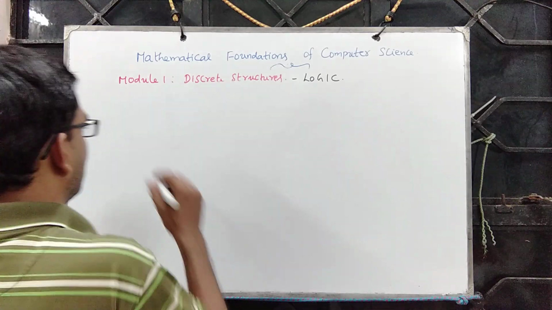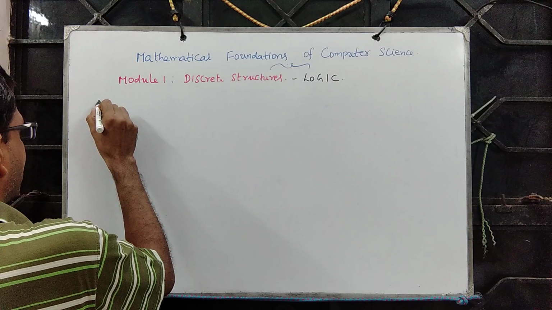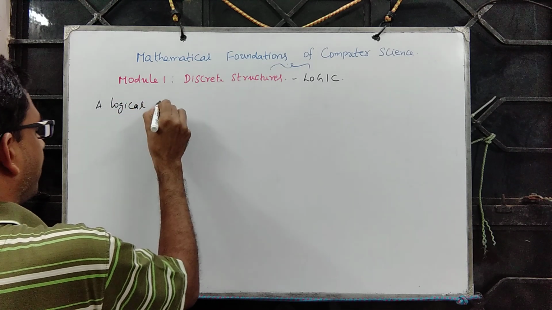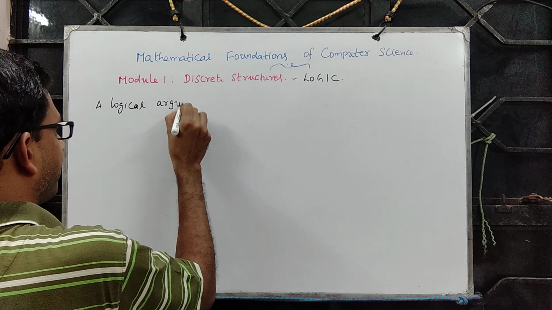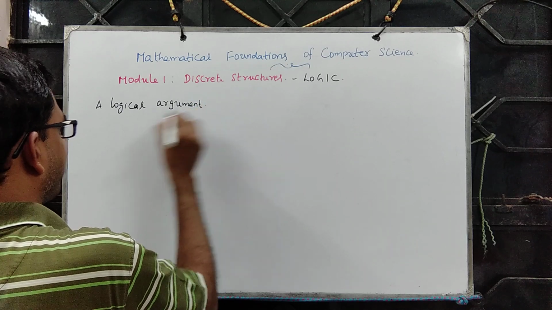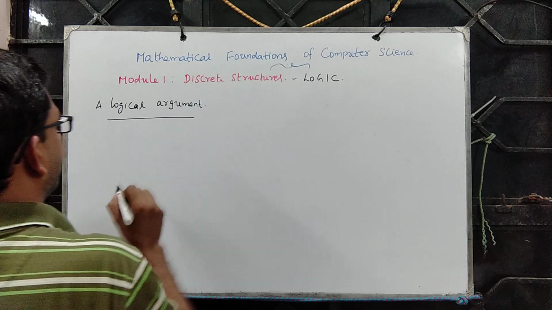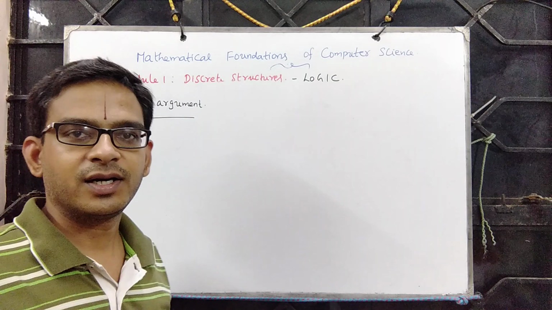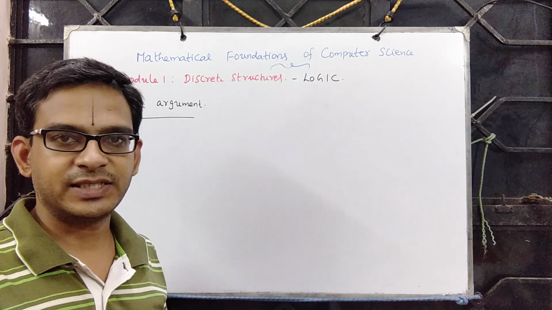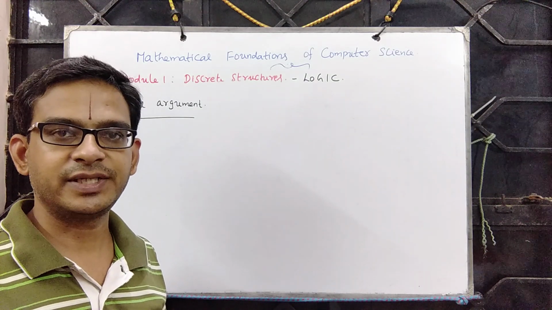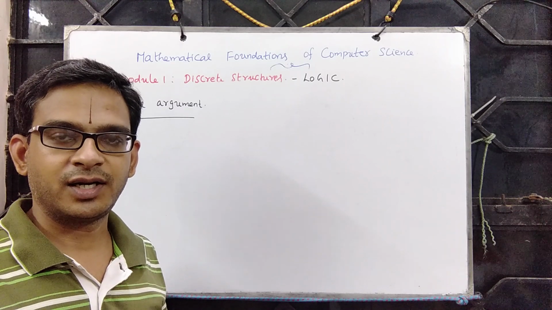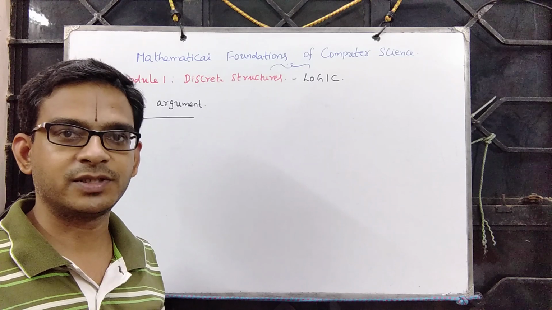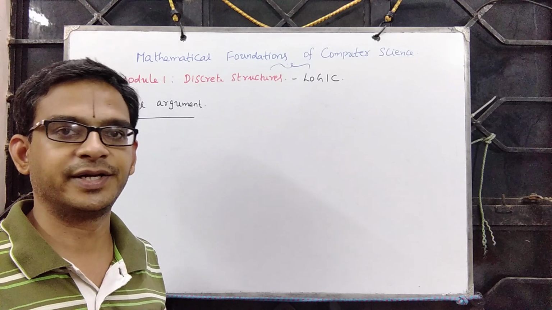Consider this argument, consider a logical argument. When we talk about logical argument, you get to see not just in mathematics or computer science, in an argument between two parties, for example, the one that happens in a court of law, you see there is a logic in it.